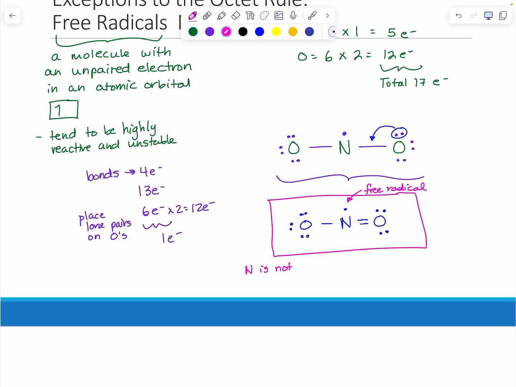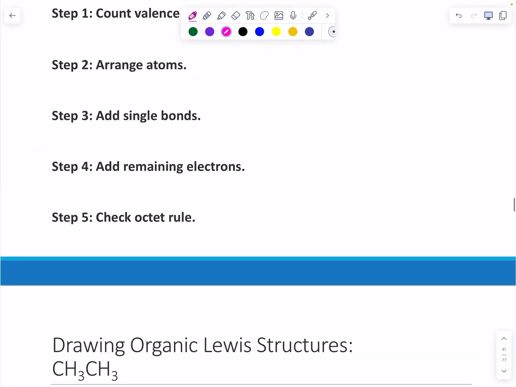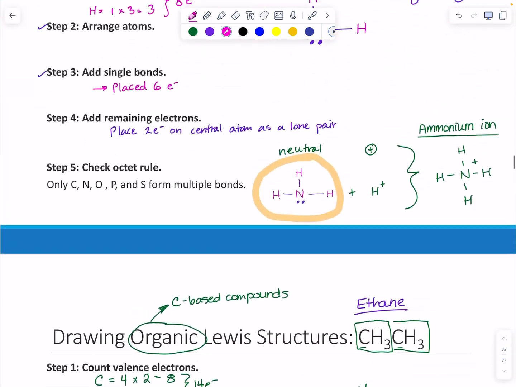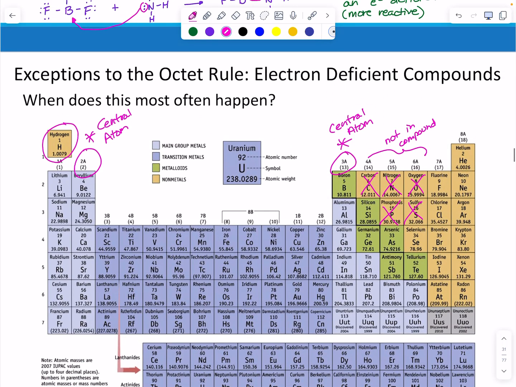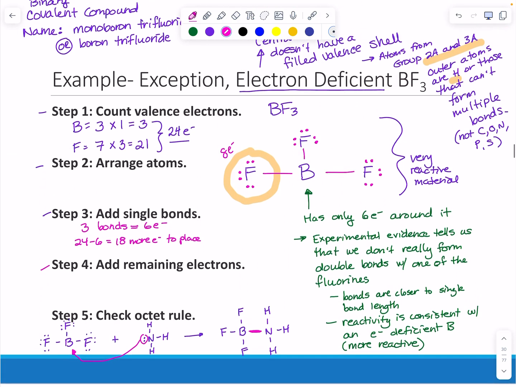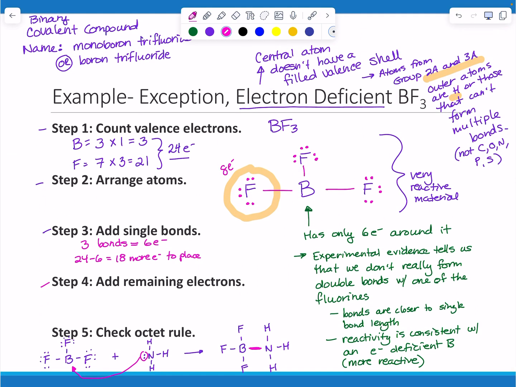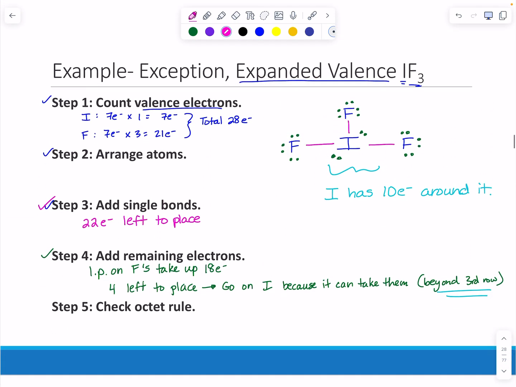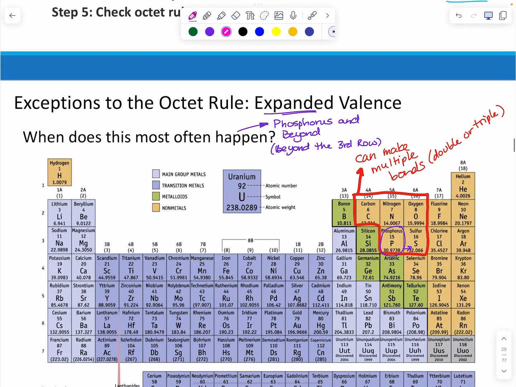What are the elements that can be expanded? So for expanded valence, this is third row and beyond, but we start at phosphorus in the third row, okay? And we had a couple of other rules for expanded valence. Let's see, electron deficient. Let's go back here. Expanded valence. Okay, so for expanded valence, it's phosphorus and beyond.